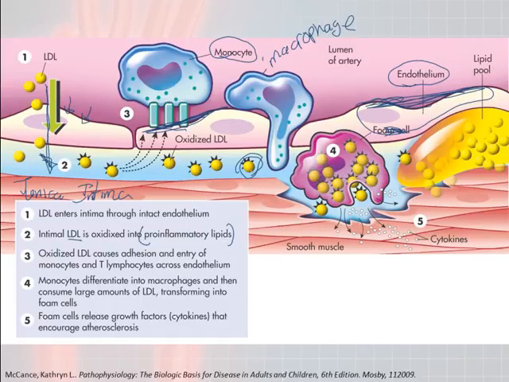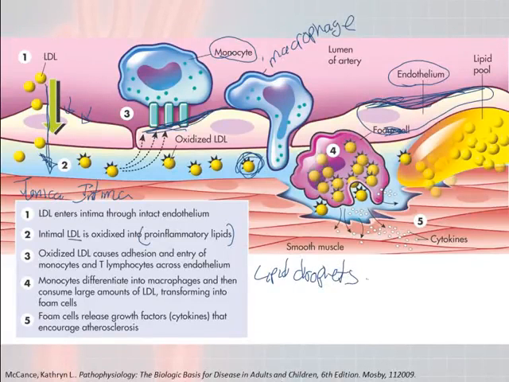Once this little oxidized LDL is engulfed, the macrophage will then try to break down this little LDL right here. Unfortunately, as it breaks down this LDL, it breaks it down from this complete substance right here to basically lipid droplets.